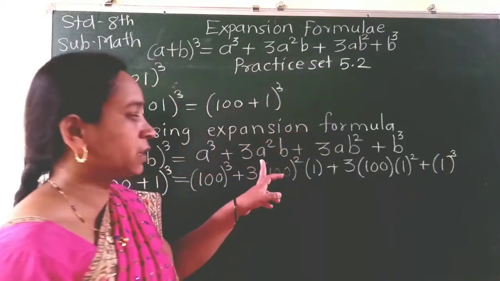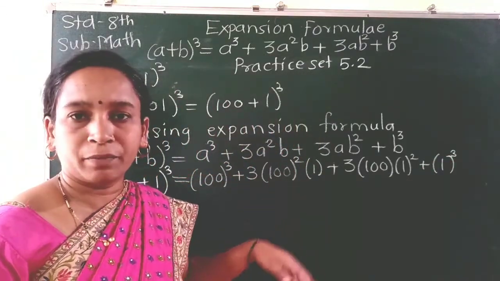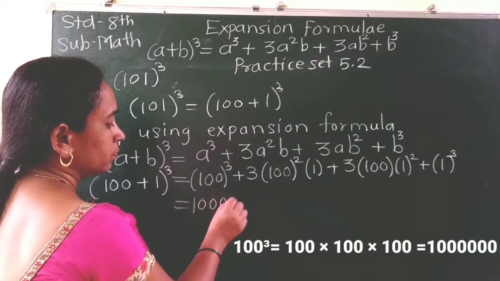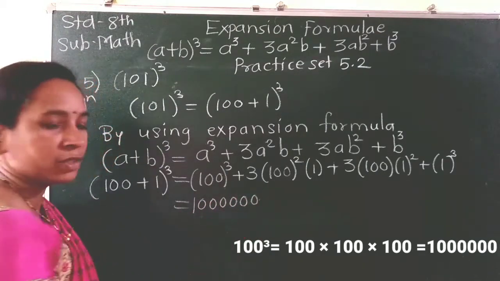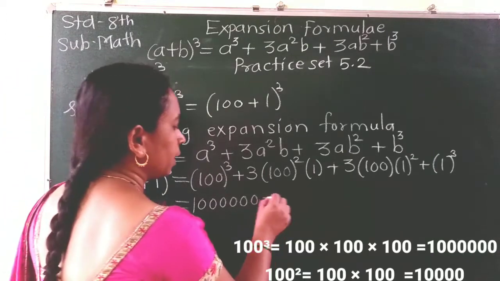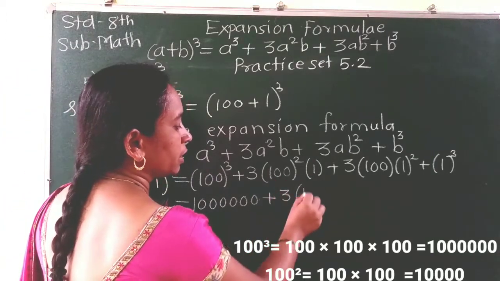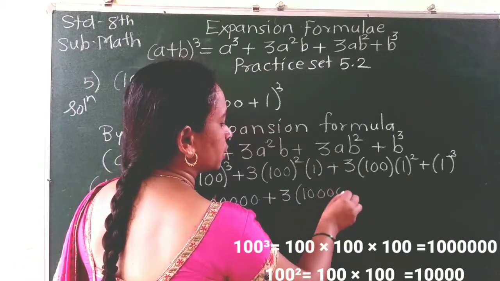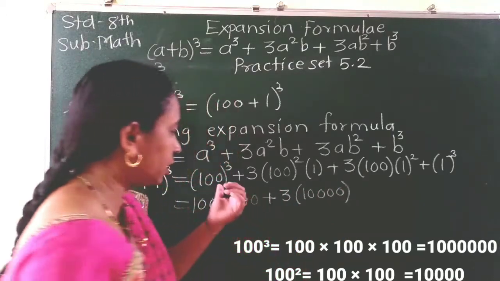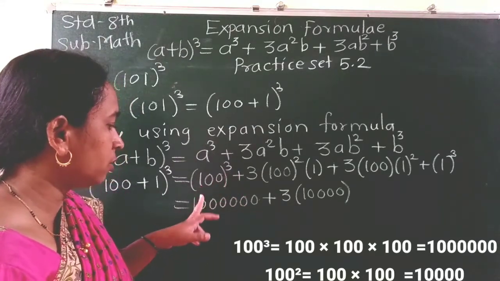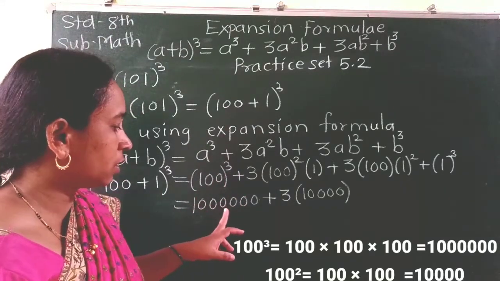I have replaced a with 100 and b with 1. 100 cube, you can check this answer. Plus 100 square, 3 ones are 3. 100 square would be, the zeros will be double. In case you want to make the cube of 100, I just have to take 6 zeros.